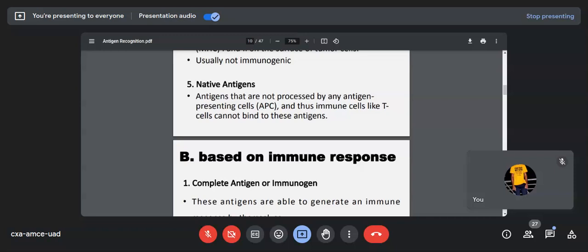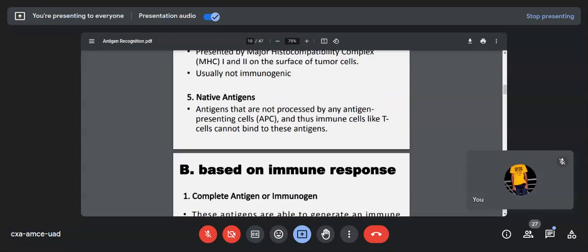But in a case where the T cell is not the first thing that bound to that antigen, let me say the antigen came from a macrophage, that antigen is regarded as a native antigen. It's not very important for you guys, but I just wanted you to take note of that.